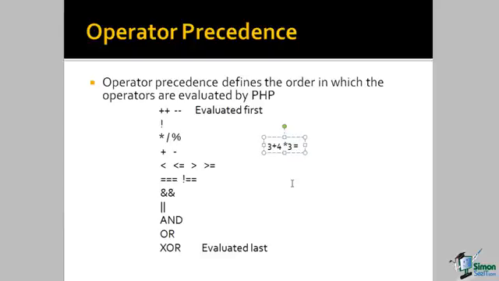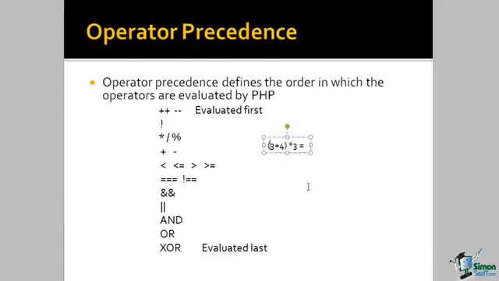Because the way it's written right now, we're going to get 15. That may be the value that you wanted, but it may not be the value that you wanted. What I really wanted was the value to be 21. So I wanted to make sure that the 3 and the 4 get added first, then multiplied by 3.